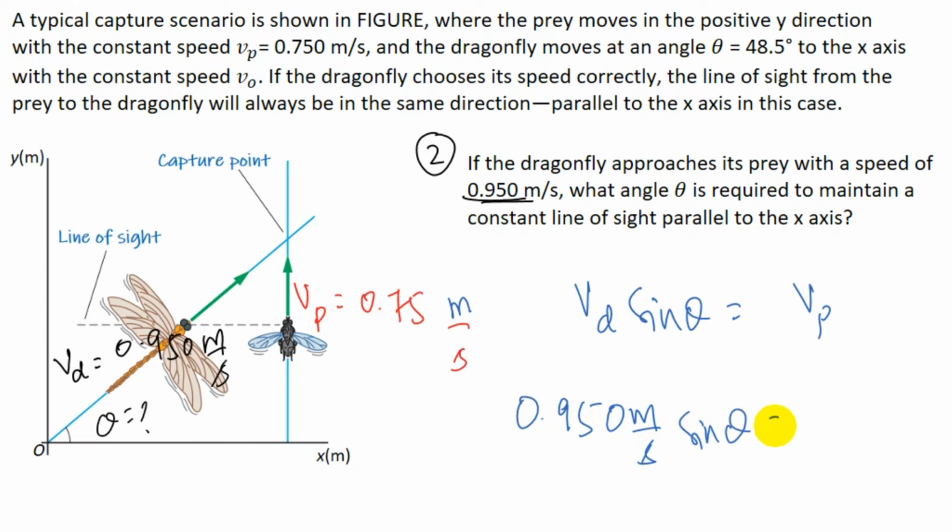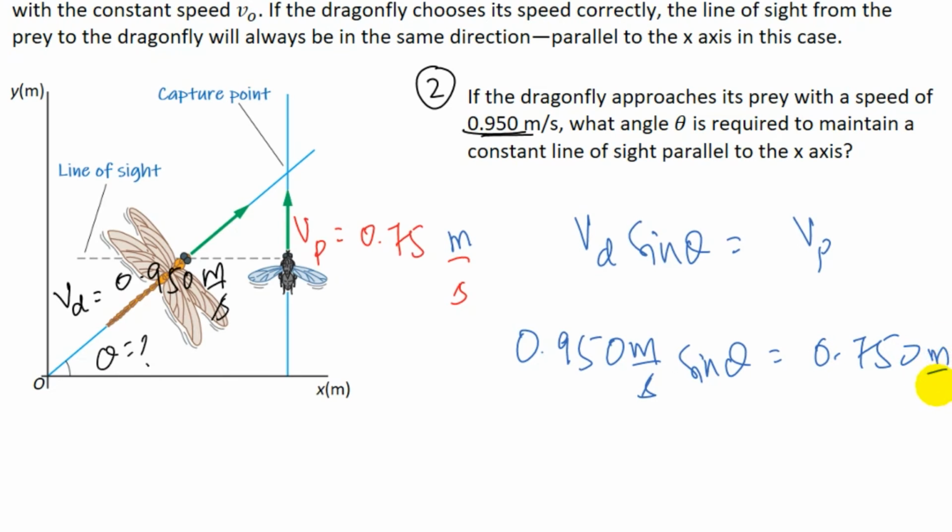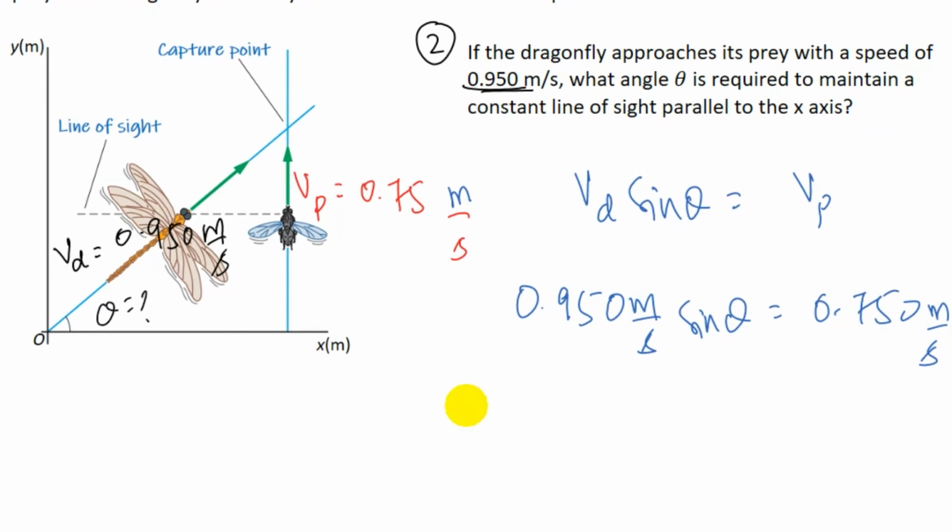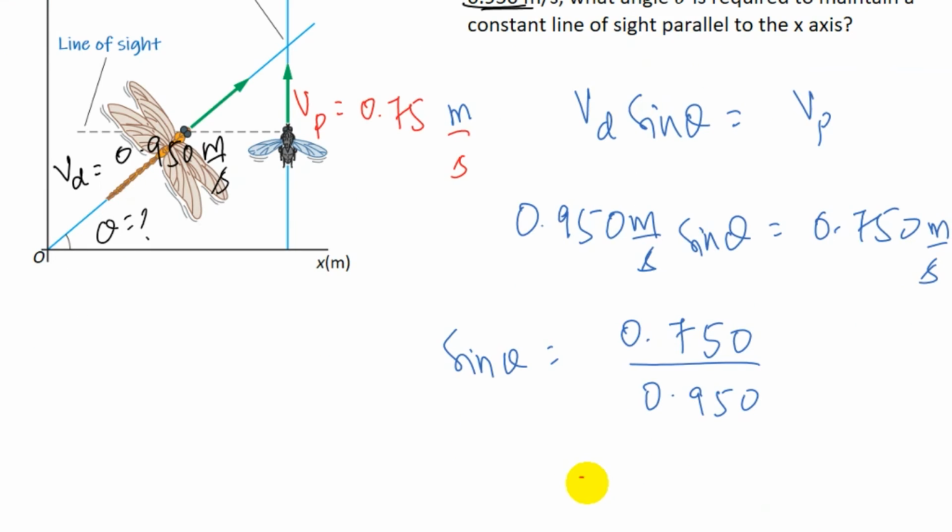So 0.950 sine theta will be equal to 0.750, and from here we can write that sine theta will be equal to 0.750 divided by 0.950. From here we can easily find theta, and theta comes out to be 52.1 degrees. So this theta should be 52.1 degree.